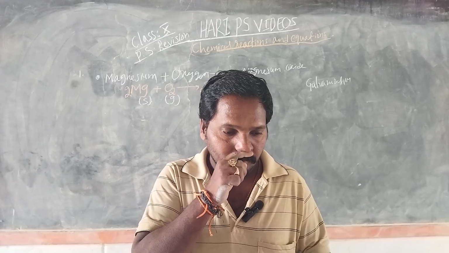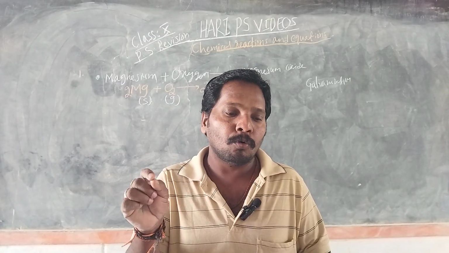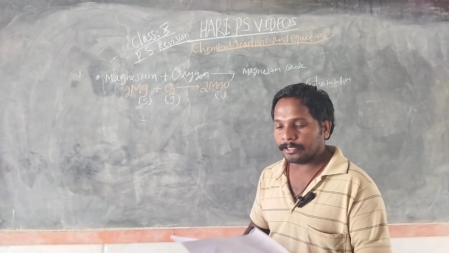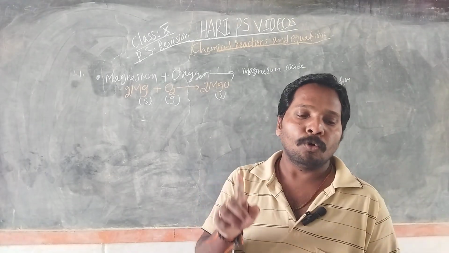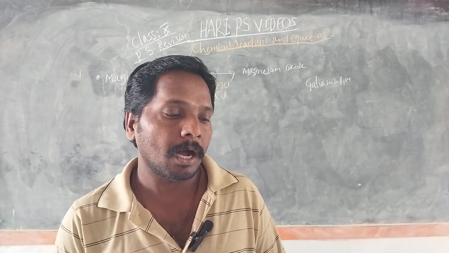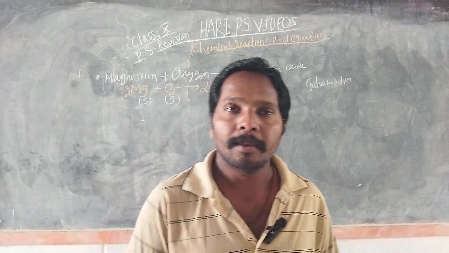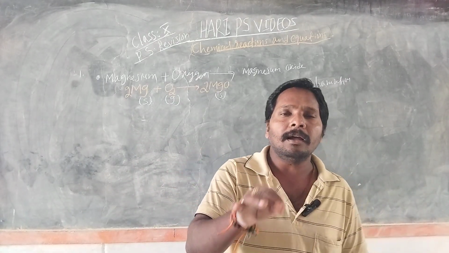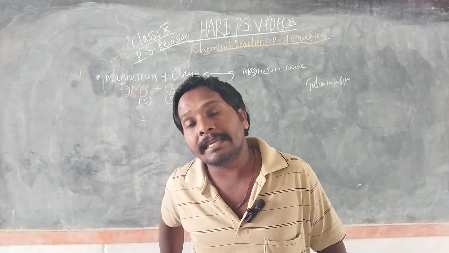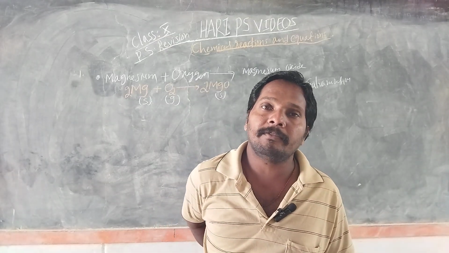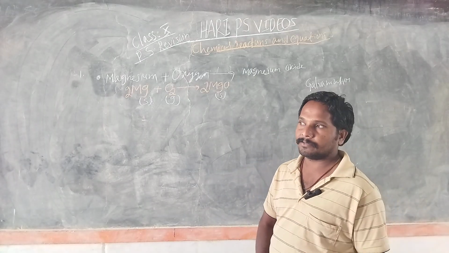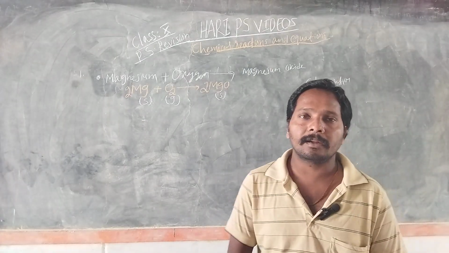Then, why do silver, gold and platinum not corrode in moist air? Because silver, gold and platinum are very less reactive with atmospheric oxygen or atmospheric air.